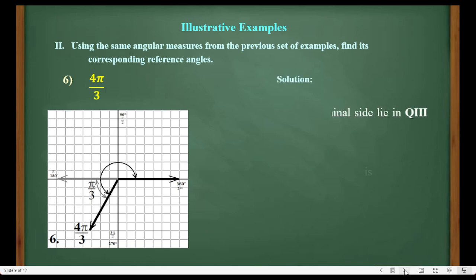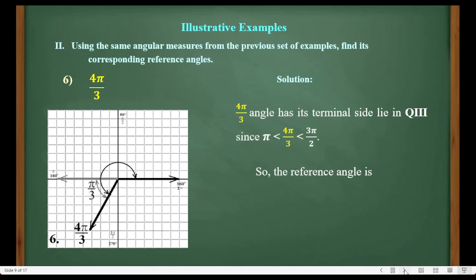We take the given angular measure and subtract pi from it. And the result is pi over 3. Okay, so that is how we compute for the reference angle of any angular measure, whether it is in degrees or in radians.